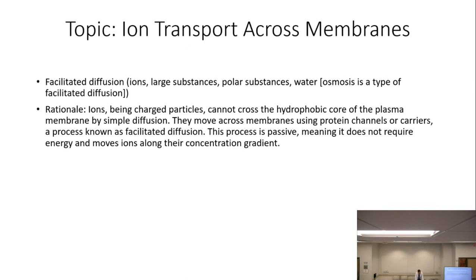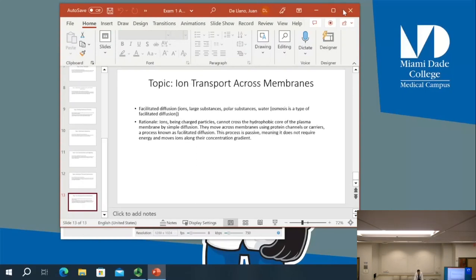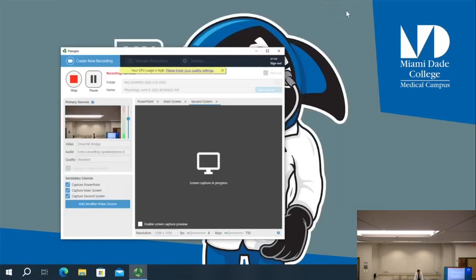It doesn't require energy. It's important to read well: following, in favor of the concentration gradient, not against the concentration gradient, and that would be active transport. Those were the questions with more problems. Not that all of them had problems, but there are some that we needed to reinforce.